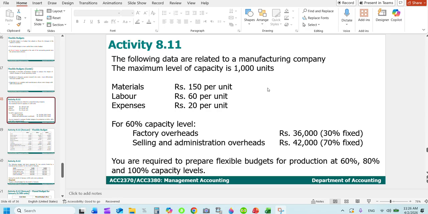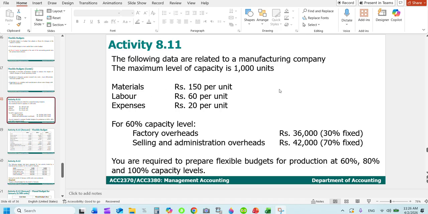We have one more important activity under budgeting, that is relating to preparation of flexible budgets. Compared to flexible budget, there's another budget concept called static budget.